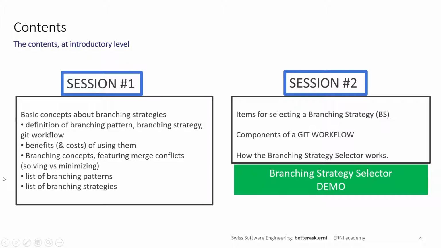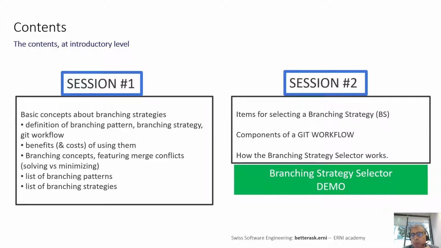The contents for this session number 2: on the left, you have the contents of the first session. We will have a short recap of it, but today we will see the items that are useful for selecting a branching strategy. As you know, you need to know how your project works, and then you have to ask some questions, and we will see which kinds of questions to ask to know which strategy is better for us.